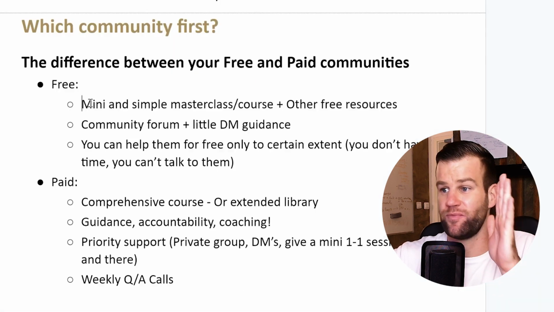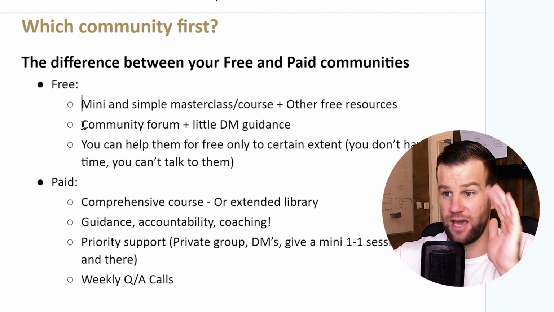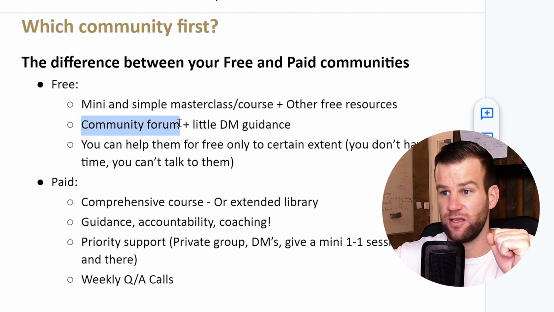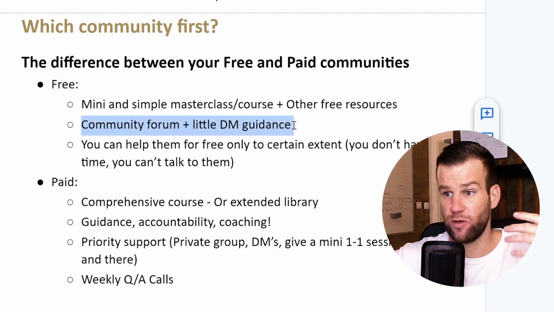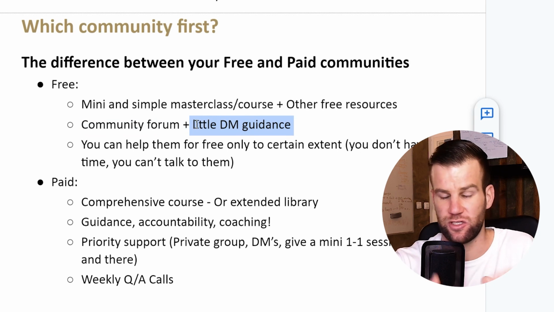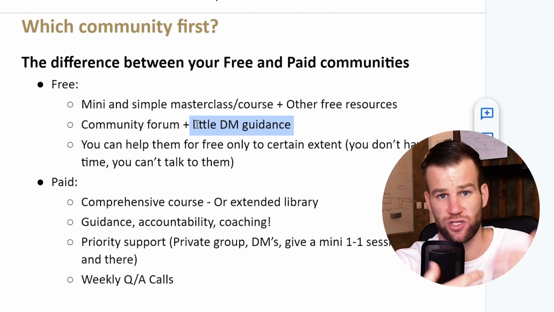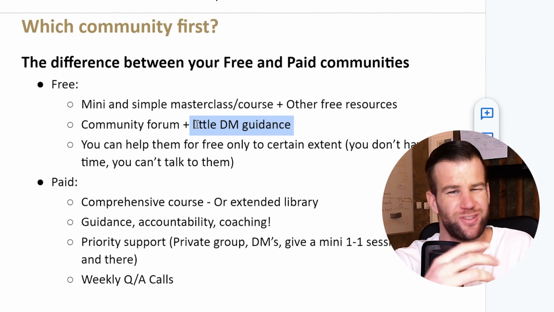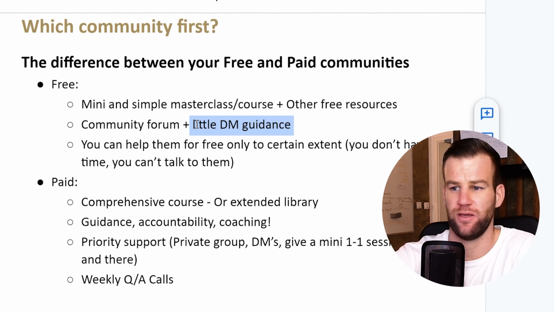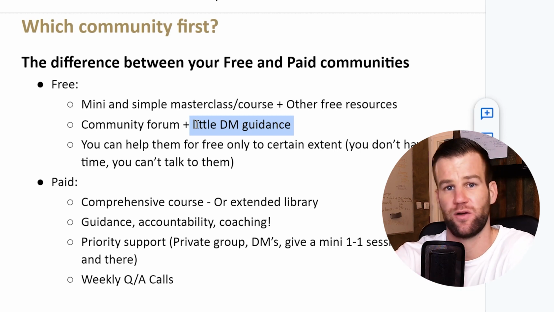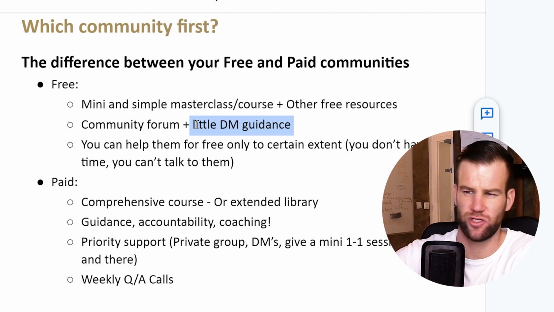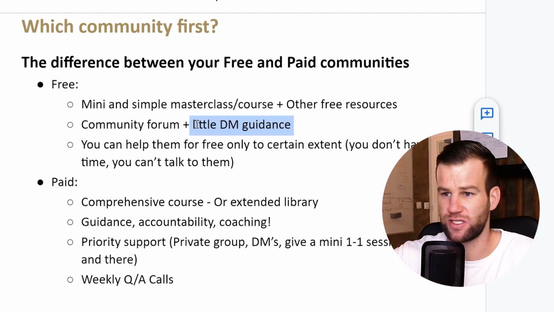And then people will have questions and they're going to ask those questions in the community forum for free, and you will give them some DM guidance, through direct messages or through conversations in the community forum. And those DMs often lead also to booked calls or them acquiring a paid membership as well. I'll teach you those upsell strategies later.